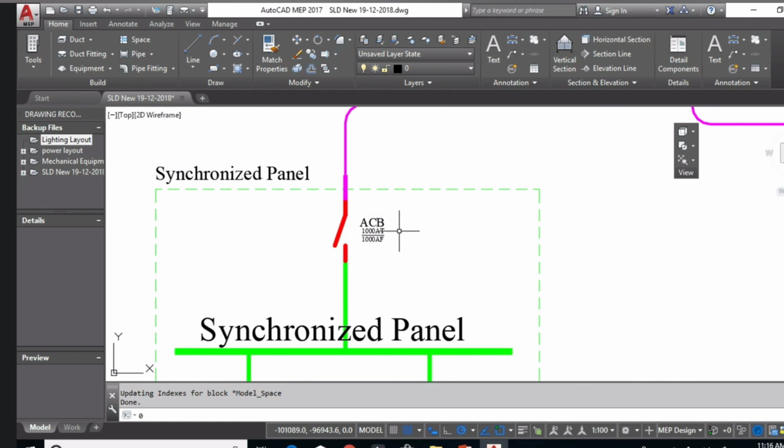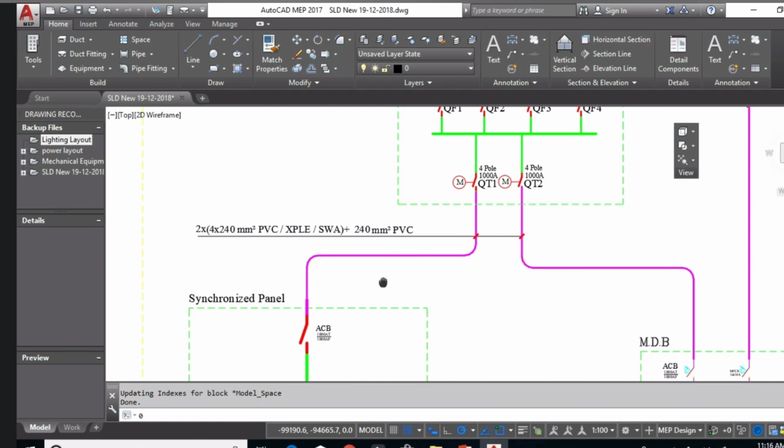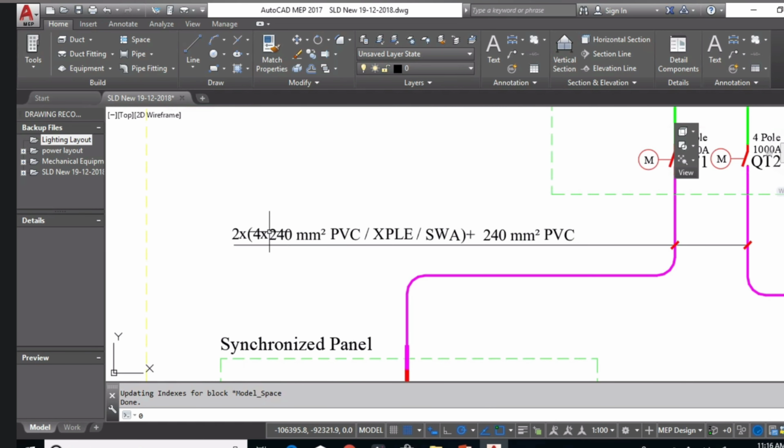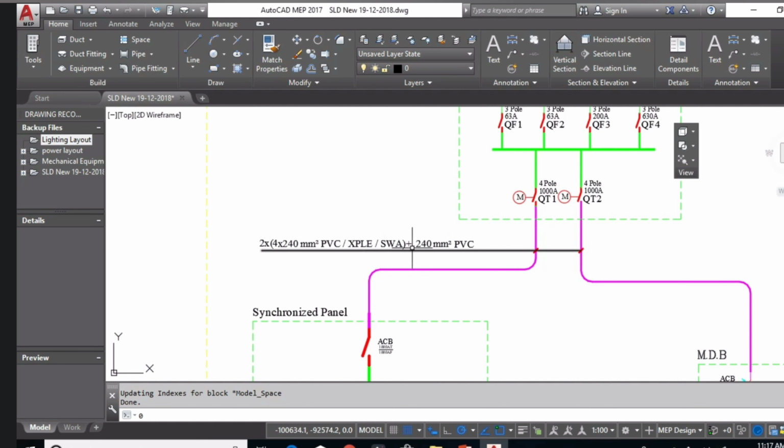Inside the synchronization panel the outgoing breaker will also be an air circuit breaker, 1000 ampere frame and 1000 ampere trip. And here I have 2 sets of cable, both of them 4 core 240 millimeters plus 240 millimeters for the grounding earth conductor.